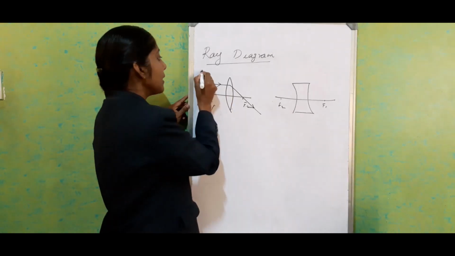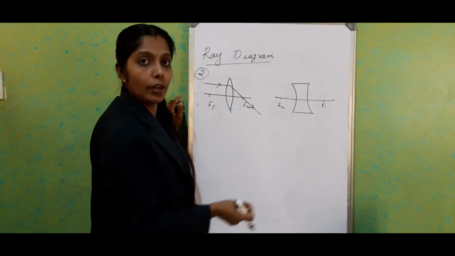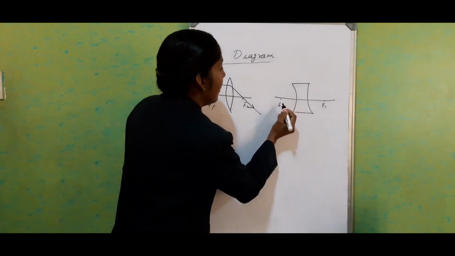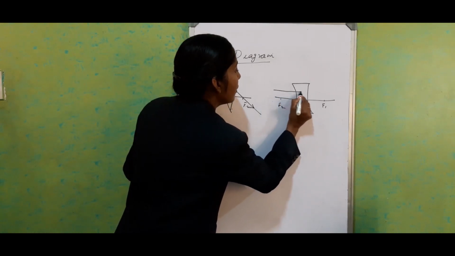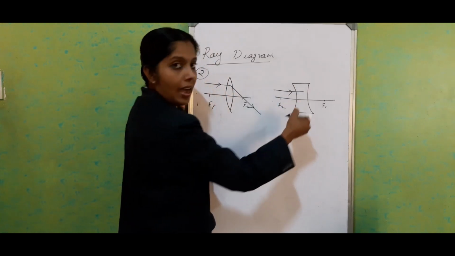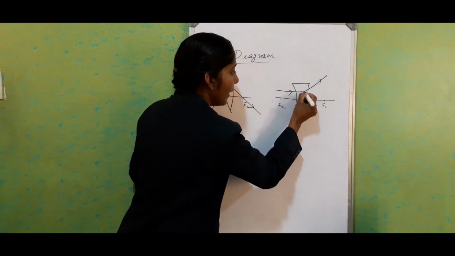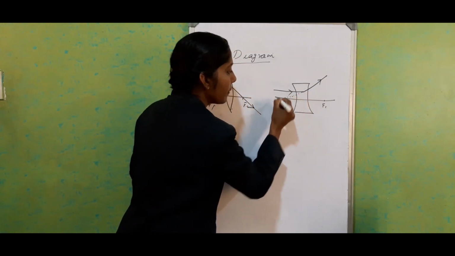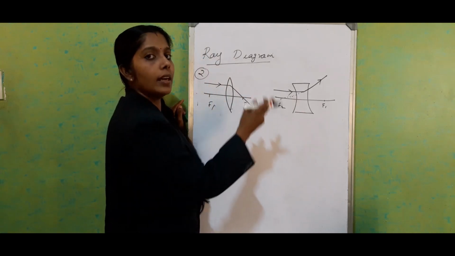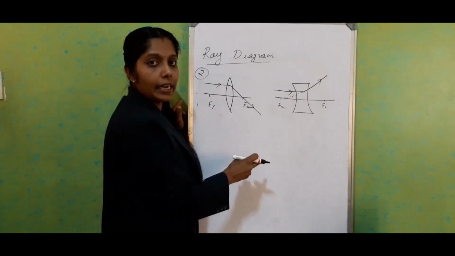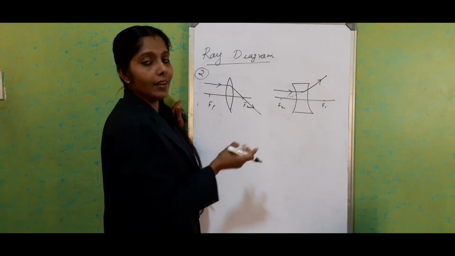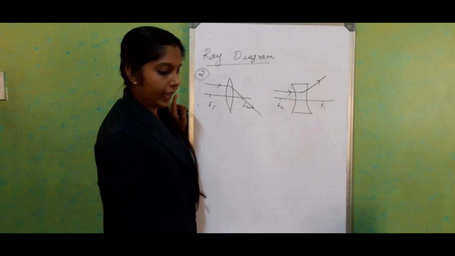So this is our second convenient ray. In the case of concave lens, the ray which is parallel to the principal axis, after refraction goes this way, or it appears to come from this point. So this is the second convenient ray we can choose for drawing the ray diagram.